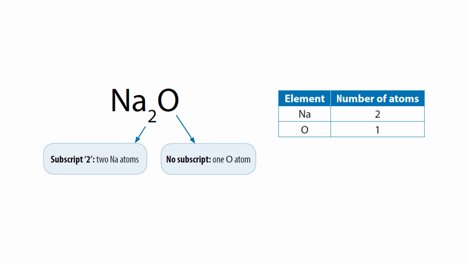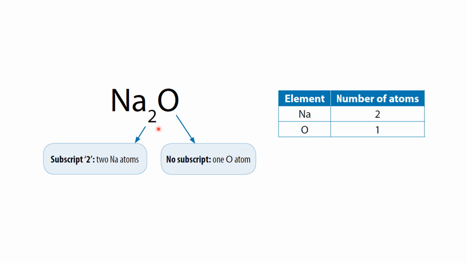You will recall from grade 8 that the subscript next to the symbol in a formula represents the number of atoms of that particular element. For example, the formula of sodium oxide is Na2O.